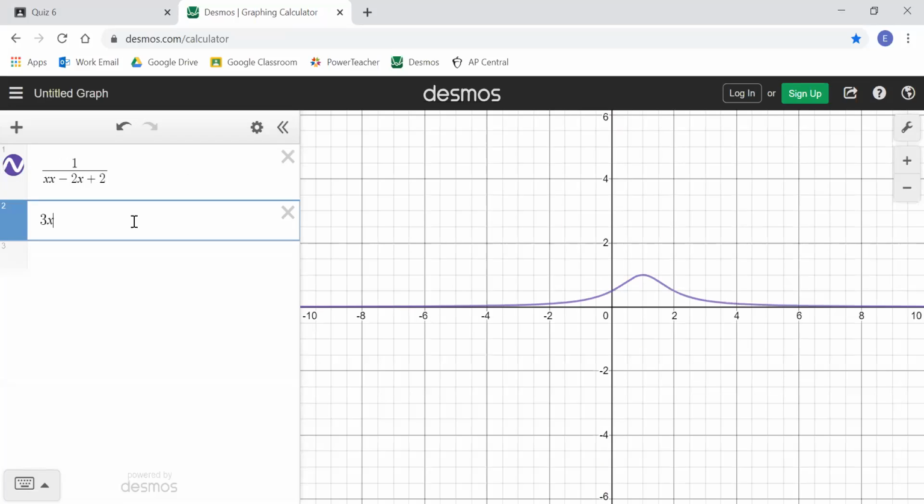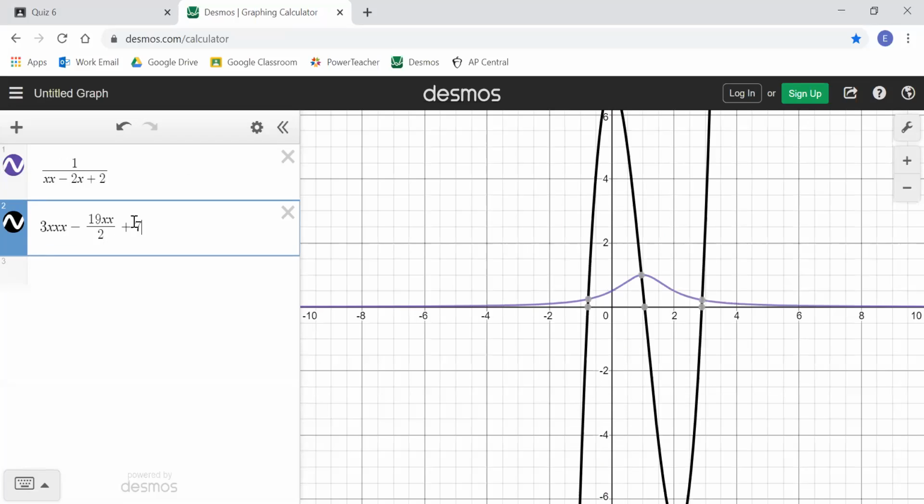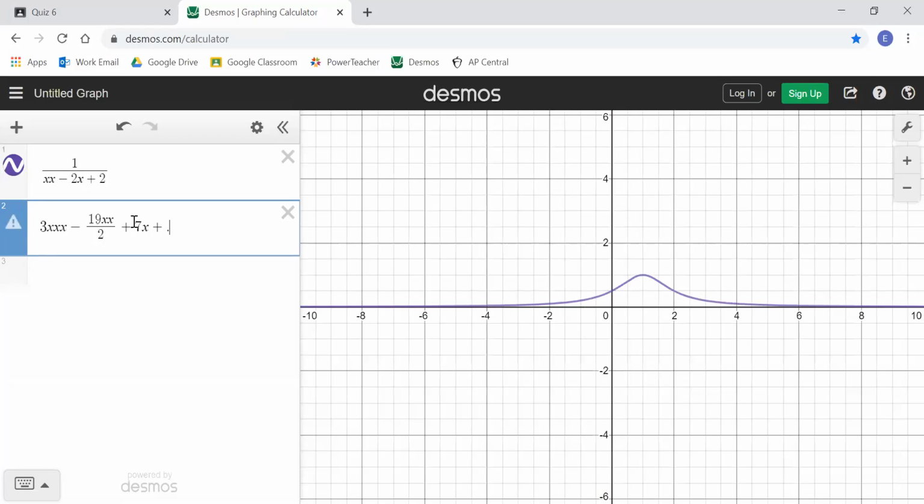I think it was like 3x cubed, and it was minus, I don't know, was it 19 halves x squared? Is that right? Plus 7x plus a half. Okay, and so we can see that those intersect at 0, they intersect at 1, and they intersect at 2.